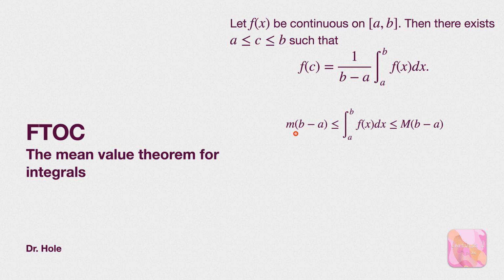Well, that can be achieved by taking this compound inequality and dividing each term by b minus a. So let's do that. So every term has been divided by b minus a. And we get that this quantity that we're trying to produce a function output for is bounded between the minimum value of f and the maximum value of f.